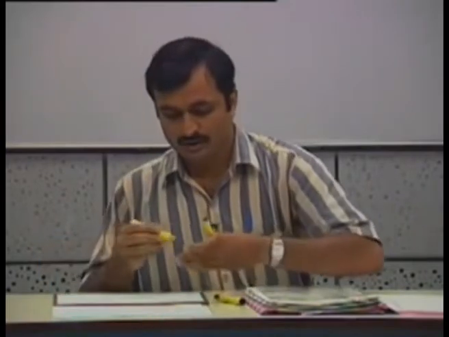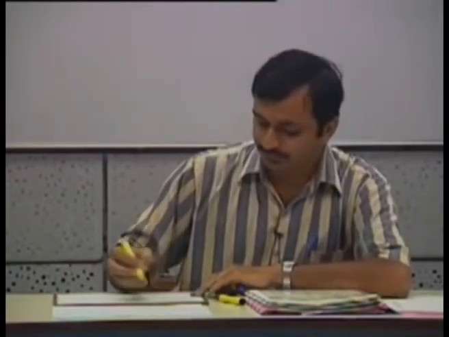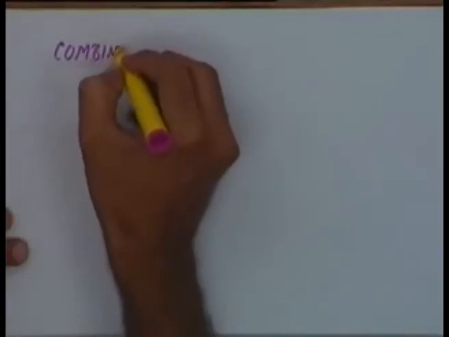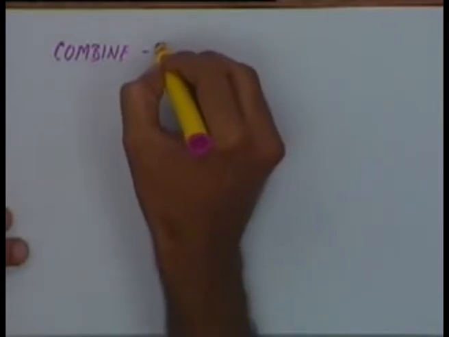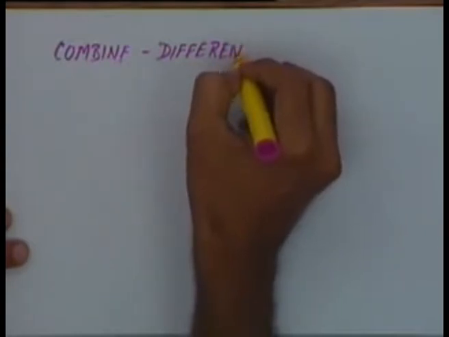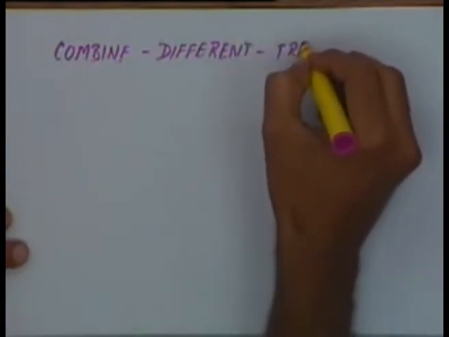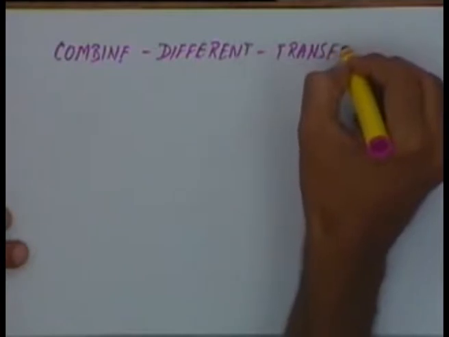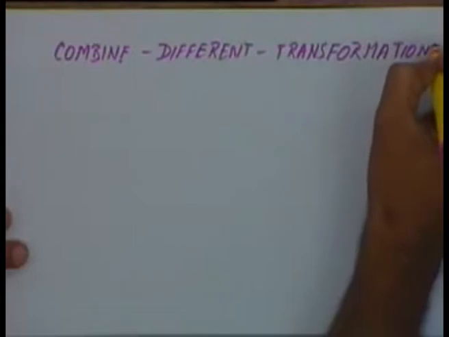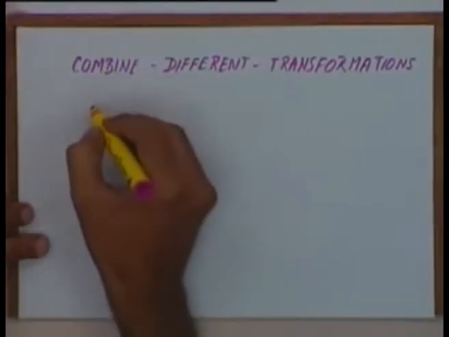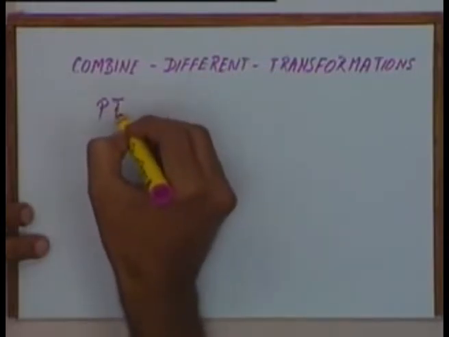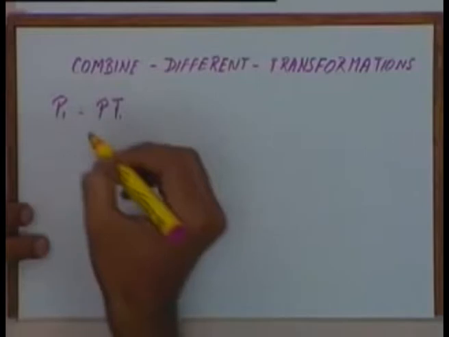Now I had mentioned that if you have to combine different transformations, we can take any point P, transform it by matrix T1 and we get, let's say, the point P1.